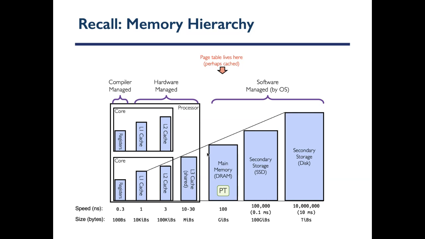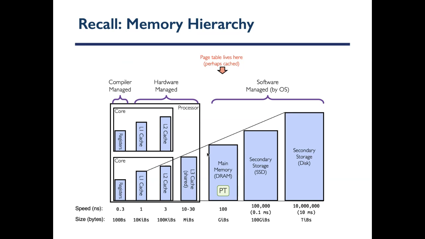Let's say you have a page table miss, you want to translate it, and then hardware starts doing the page table walk. You might hear this from me again and again.